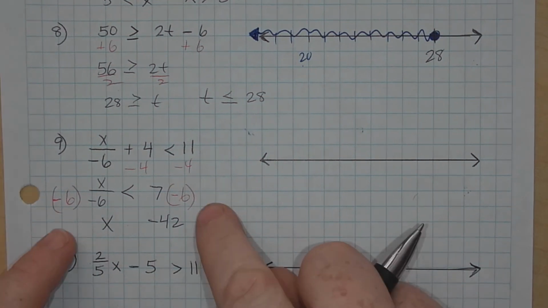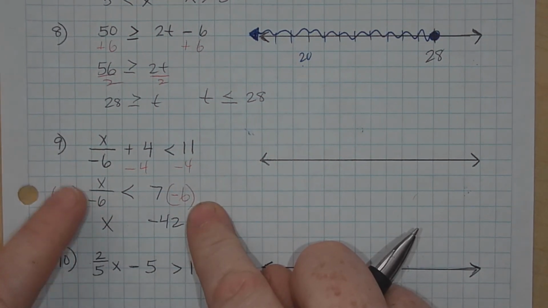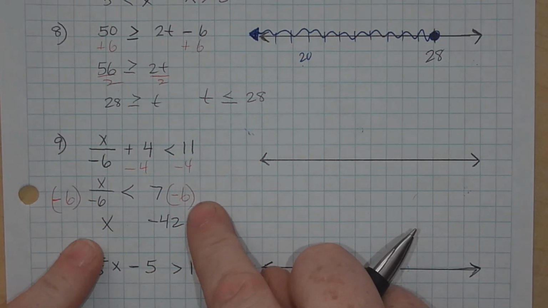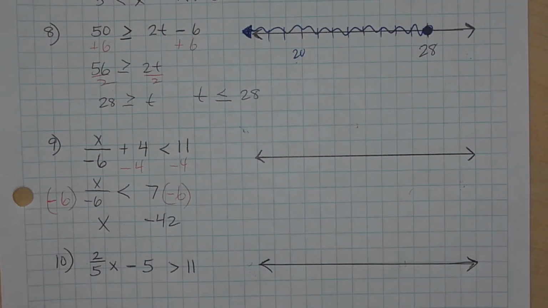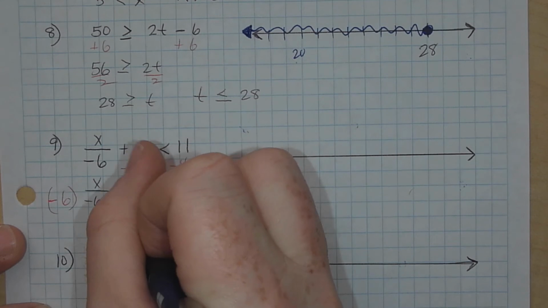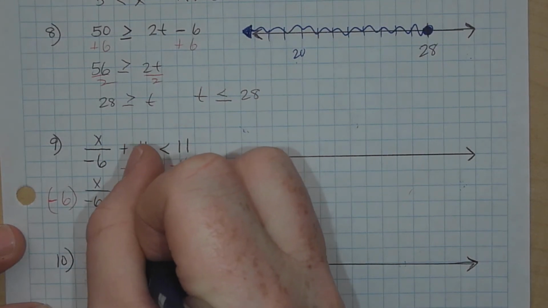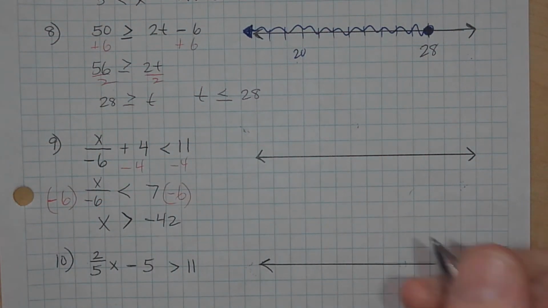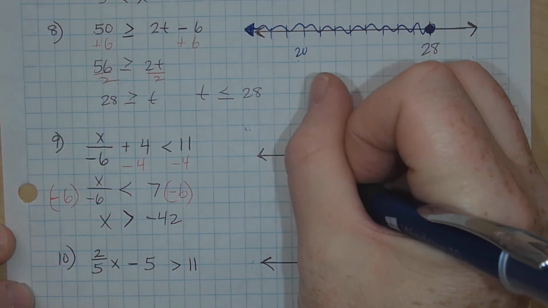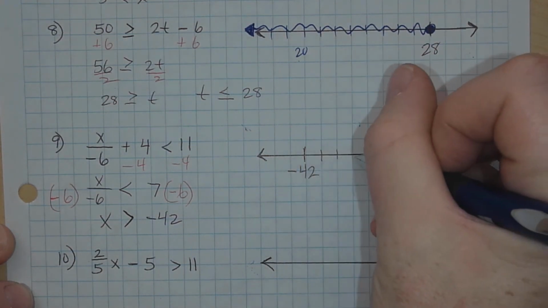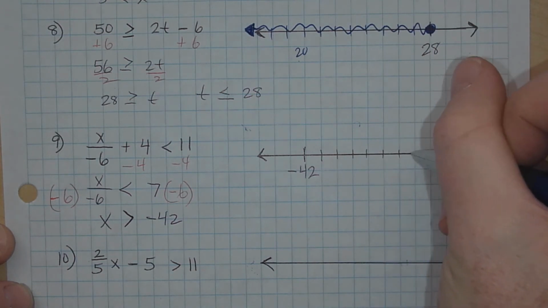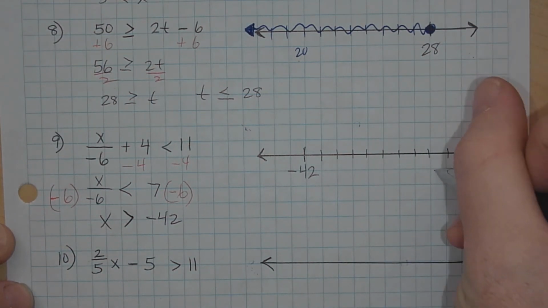And the caveat with this one is, yeah, the variable is on the correct side, but we multiplied and divided by a negative number, so that means we have to flip the sign. So this is the rarest exception that we have to do that. So -42 is here. So -41, -40, -39, -38, -37, -36, -35, -34, -33.